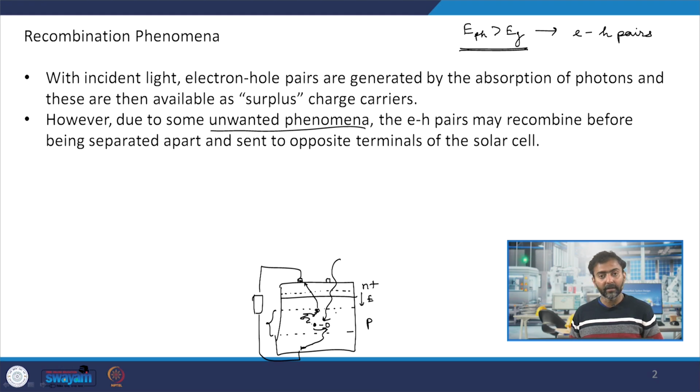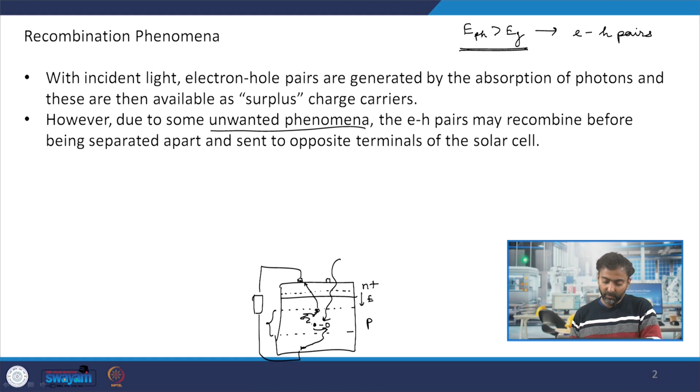Recombination is really undesirable because it leads to the loss of the electron hole pair, and the photon which was absorbed goes to waste and becomes useless. So we do not want this recombination to happen. We want the electron and hole to be separated and sent to the opposite terminals of the solar cell.